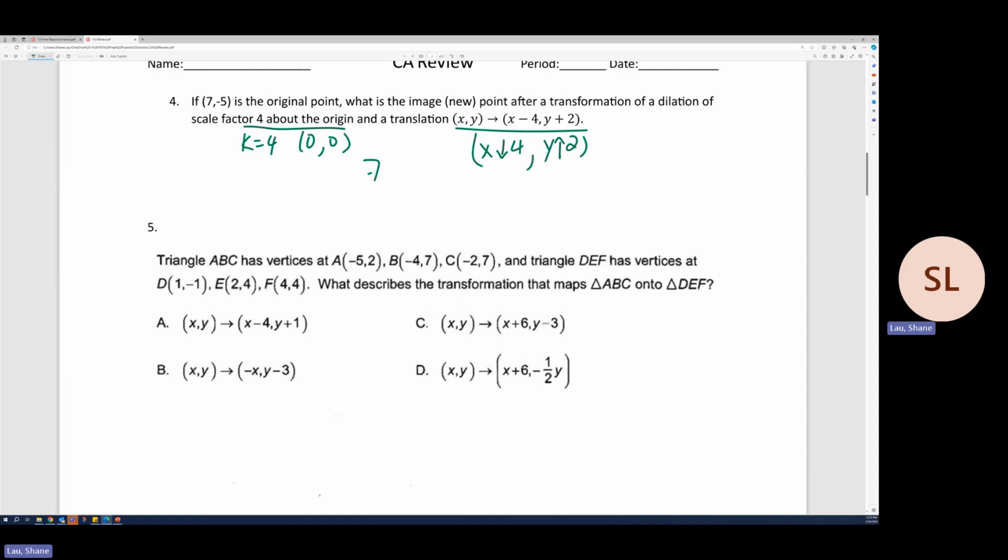And so 7, -5 is our original point. And let's go ahead and do the things. So dilation is first. Because it's just strictly multiplication, 7 times 4 is 28. 4 times -5 is -20. And then we have our translation.